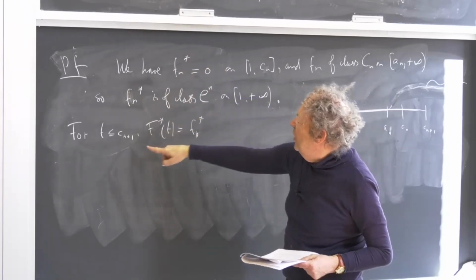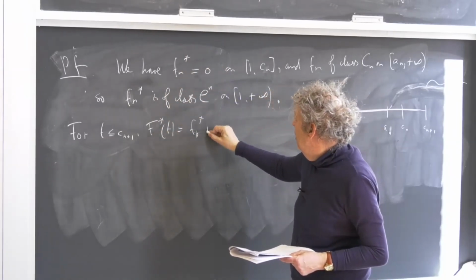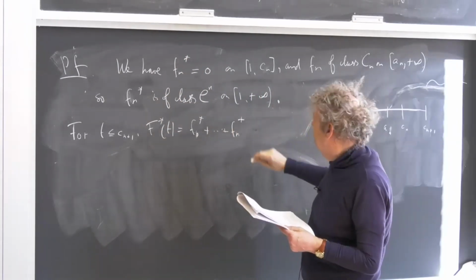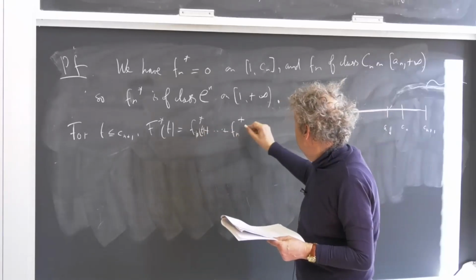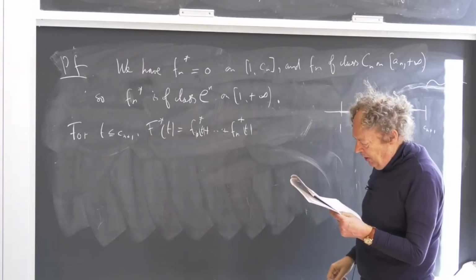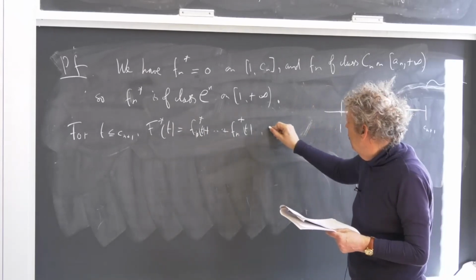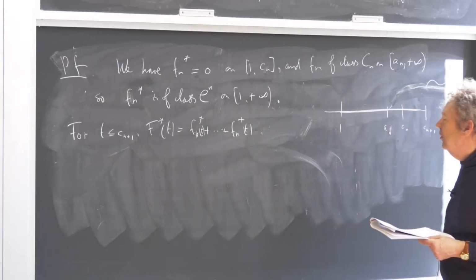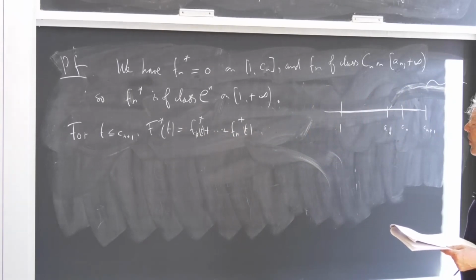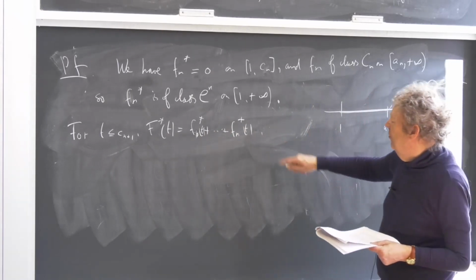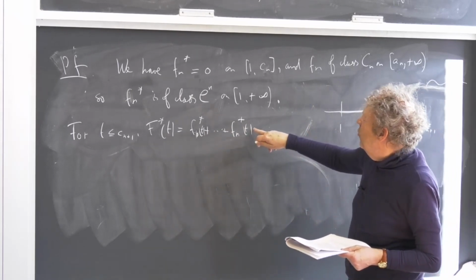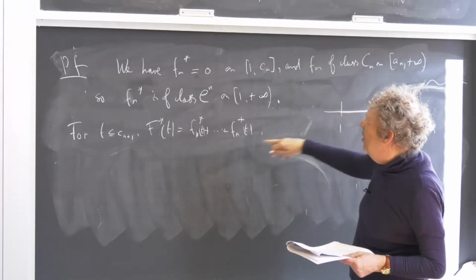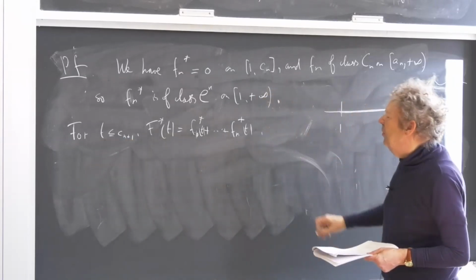But as long as you restrict your arguments to less than or equal to Cn plus 1, it will be just this finite sum. Because the later ones, fn plus 1 star t, etc., are all 0 as long as t is less than or equal to Cn plus 1.